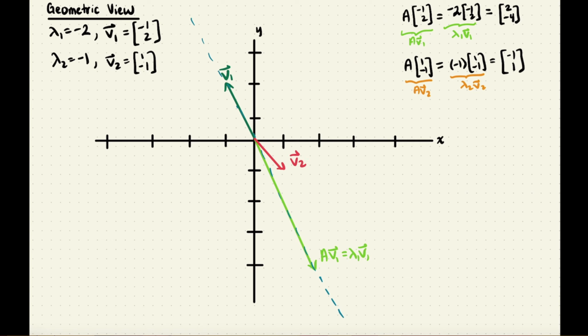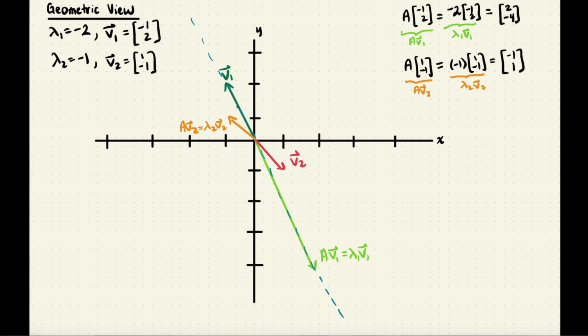And when I multiply v2 by A, it ends up being the same as multiplying it by -1. So I end up at the vector -1, 1. So -1, 1 puts me there, roughly. This is A times v2, which is the same as lambda 2 times v2.